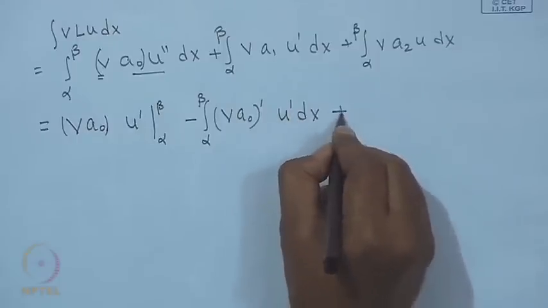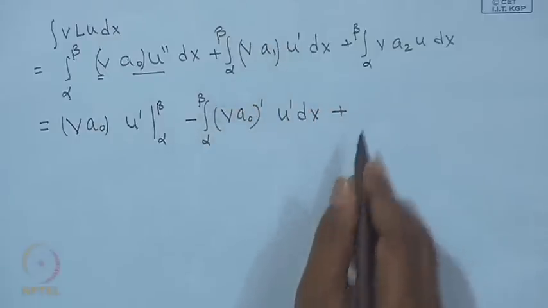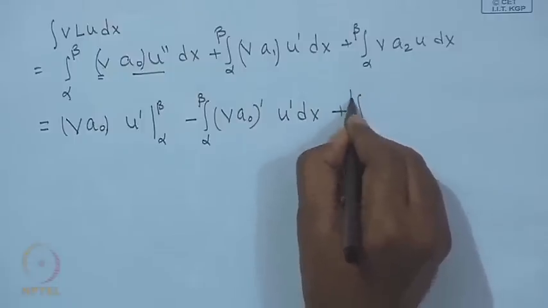okay, plus again here we combine v a1 as the first function. This will be from alpha to beta.